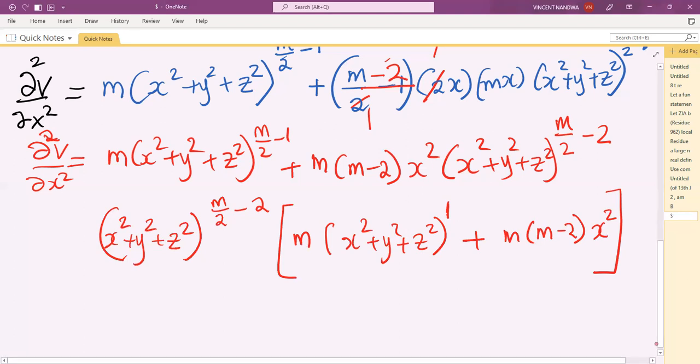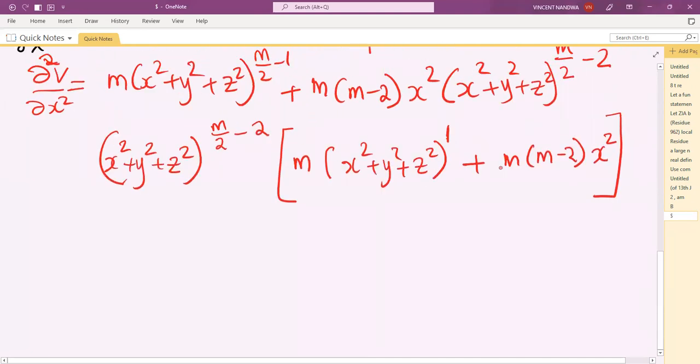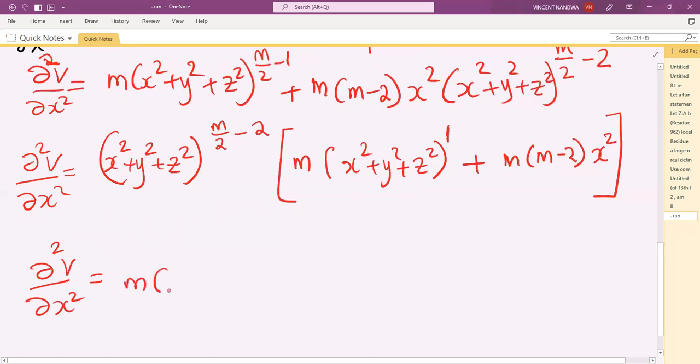Then, because this part here has an m and also this part has an m, you can as well factor it out. And so partial squared v partial x squared, factoring out, will have m into x squared plus y squared plus z squared raised to the power m over 2 minus 2 into brackets.